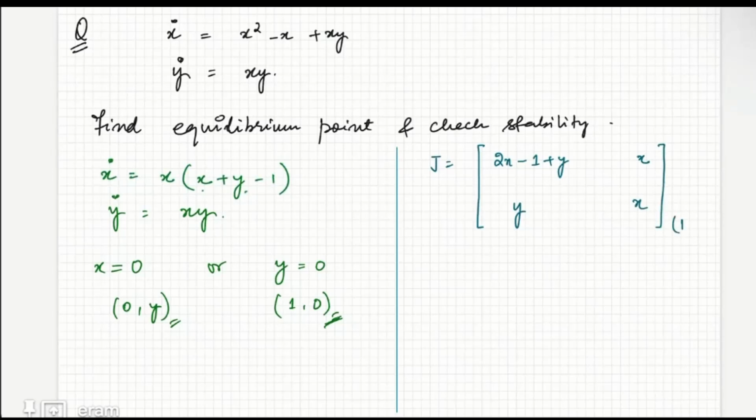And we are interested at the point (1, 0). So the Jacobian at this point is [1, 1; 0, 0].